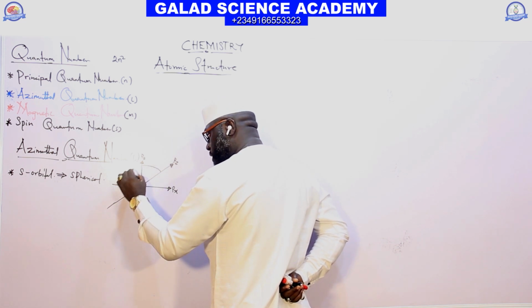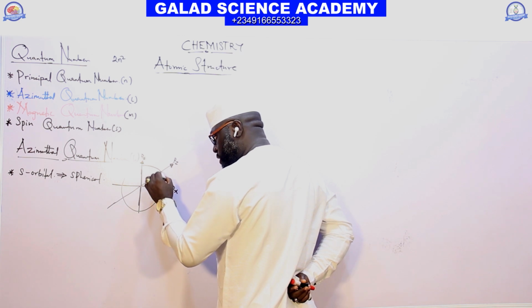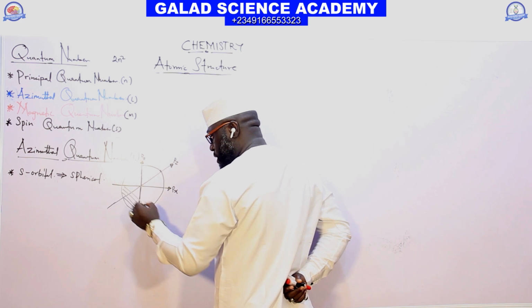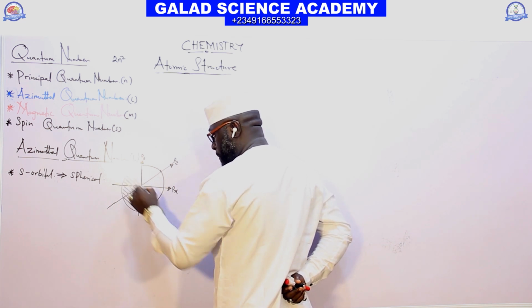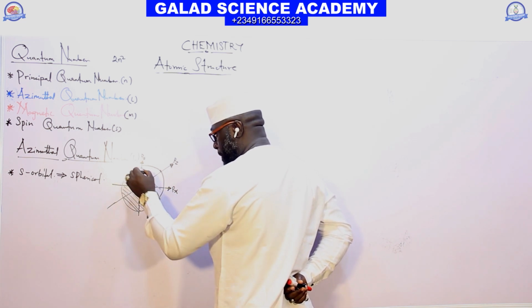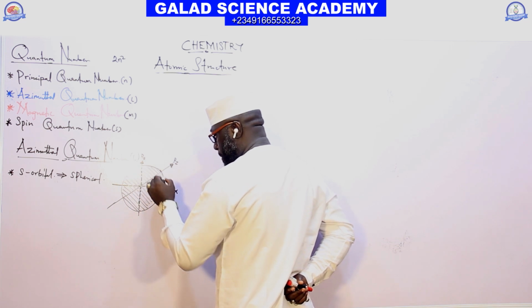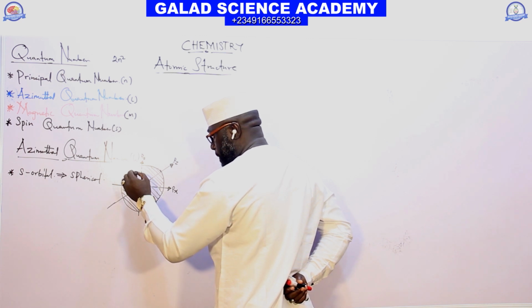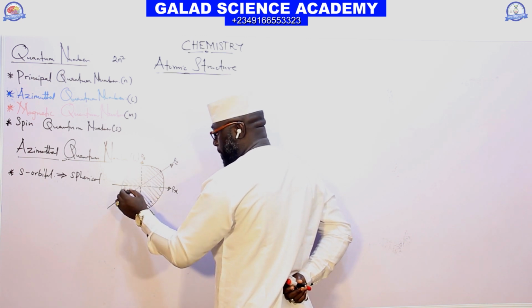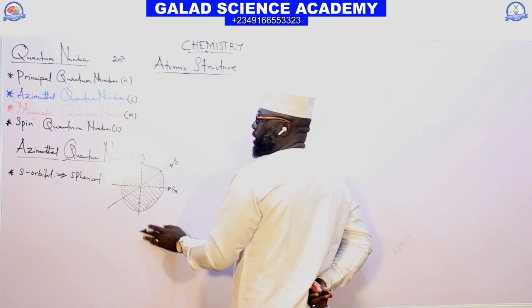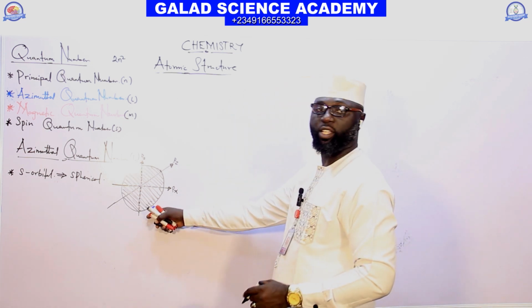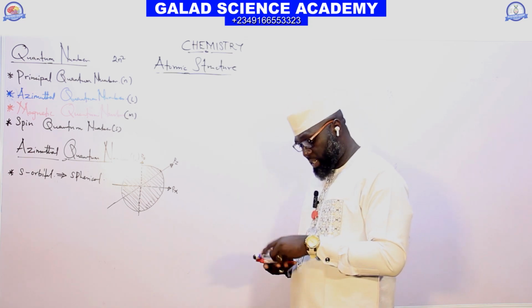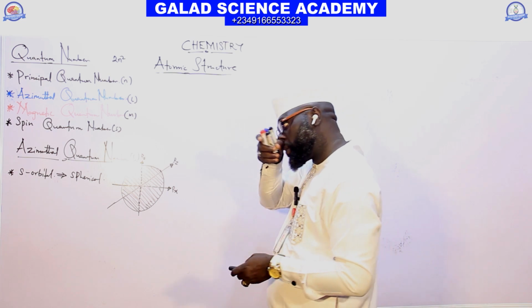So this is the shape of S orbital, which is spherical, according to the azimuthal quantum number.